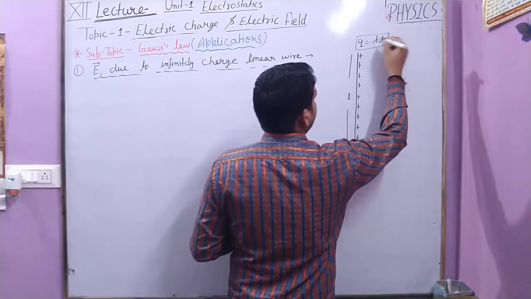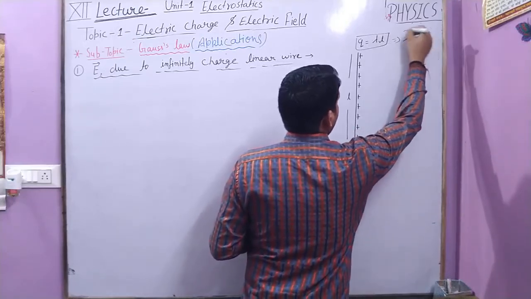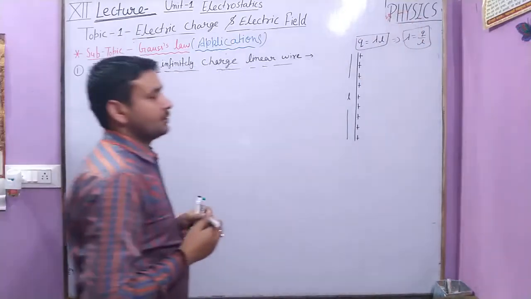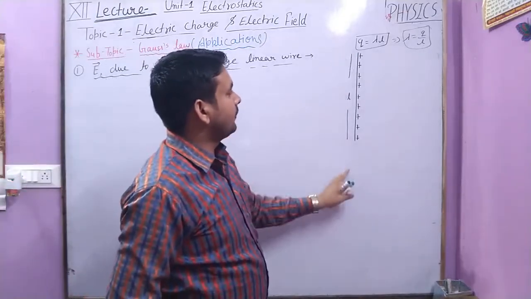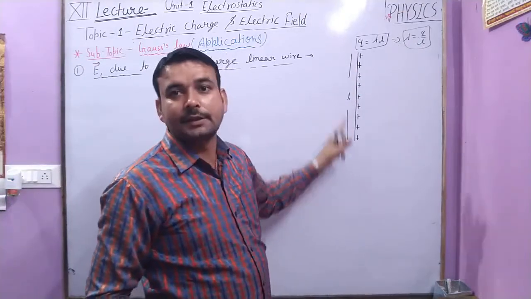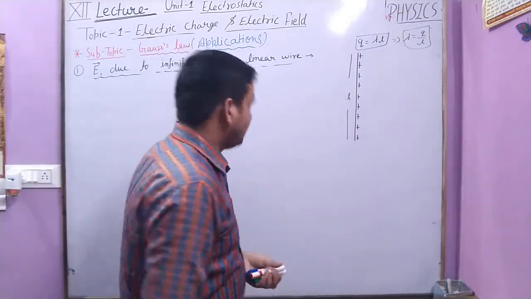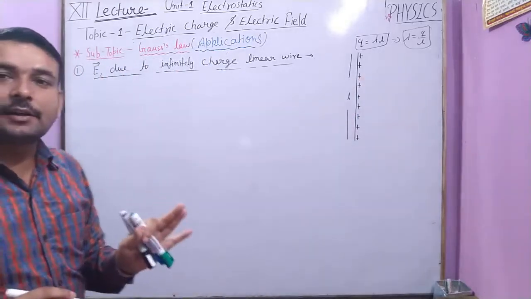As you know, linear charge density lambda is equal to Q upon L. This is the particular situation. You need to calculate the electric field due to this line wire, which is uniformly charged along its complete length. For this, the first step is to consider a Gaussian surface.